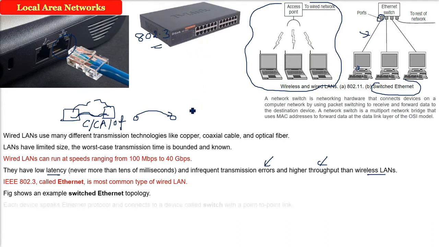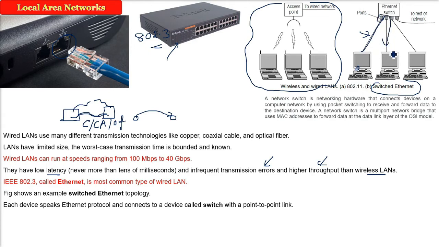The work of this network switch is connecting different devices and relaying the data. A network switch is a hardware device. We will talk about routers and gateways, but right now, for the basics of LAN, there will be an Ethernet switch.